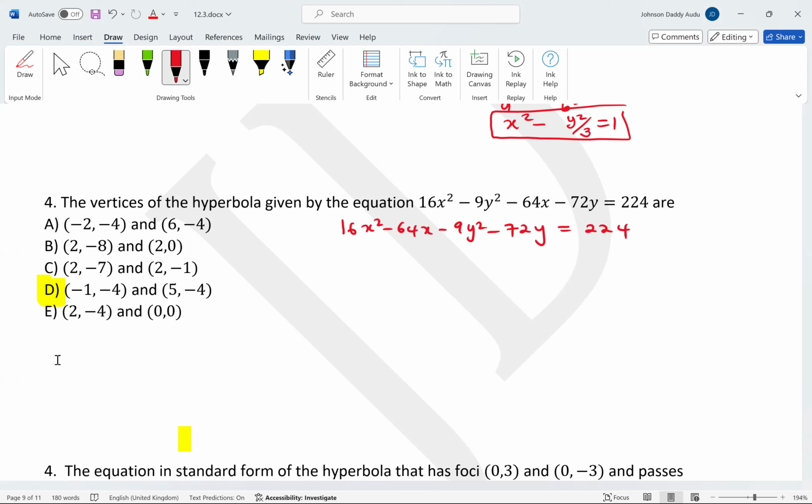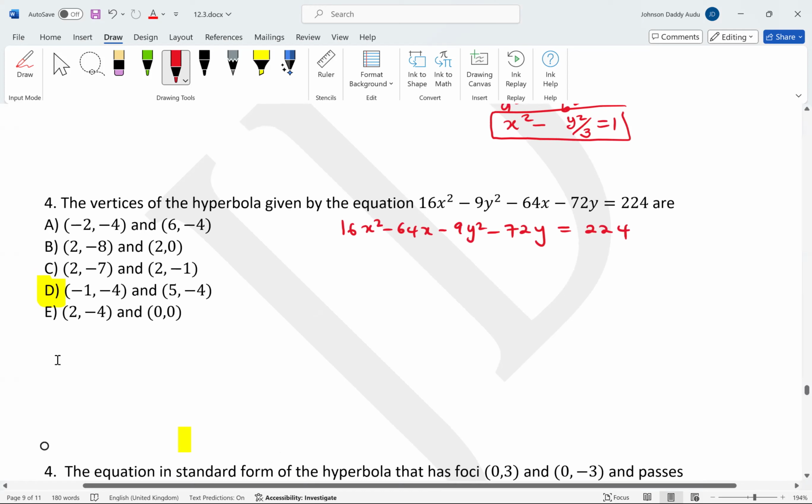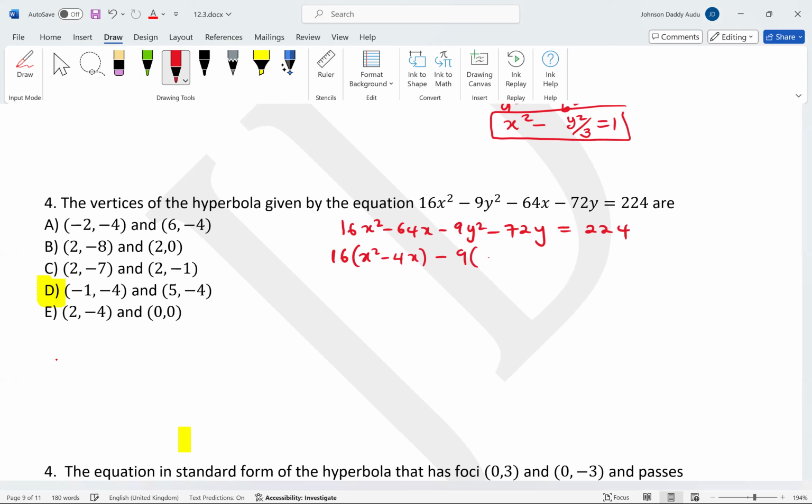Now, what do we do? You take 16 out first. We make the coefficient of x squared to be 1. And this will give you x squared minus 4x. Here also, this will be y squared plus 8y, 224.